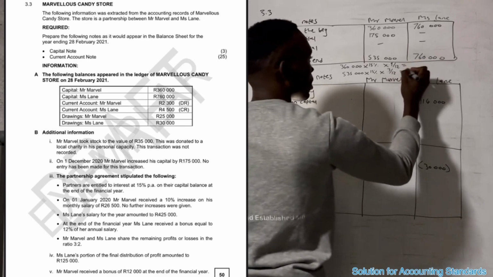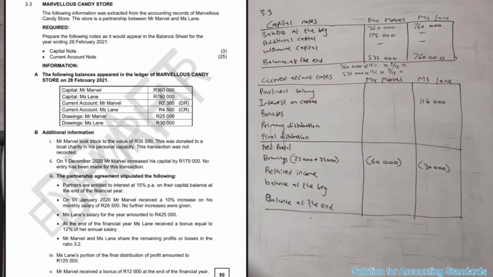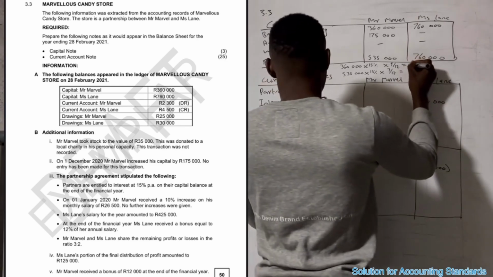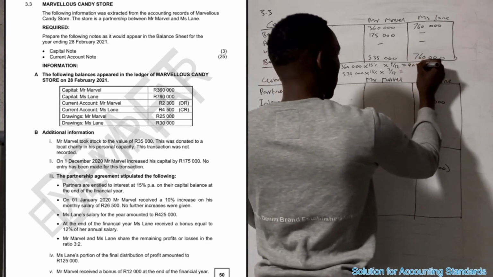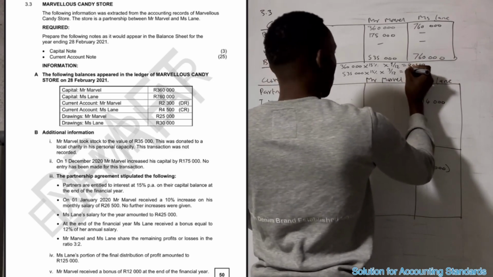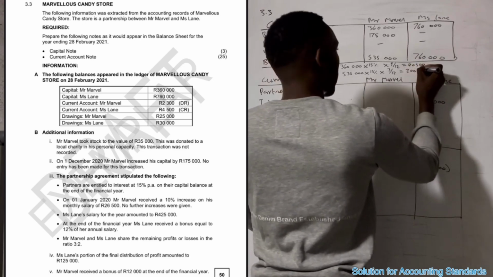So you get an answer here and you get an answer here. When you combine both those answers, it's 40,500 and the other one is 20,063.